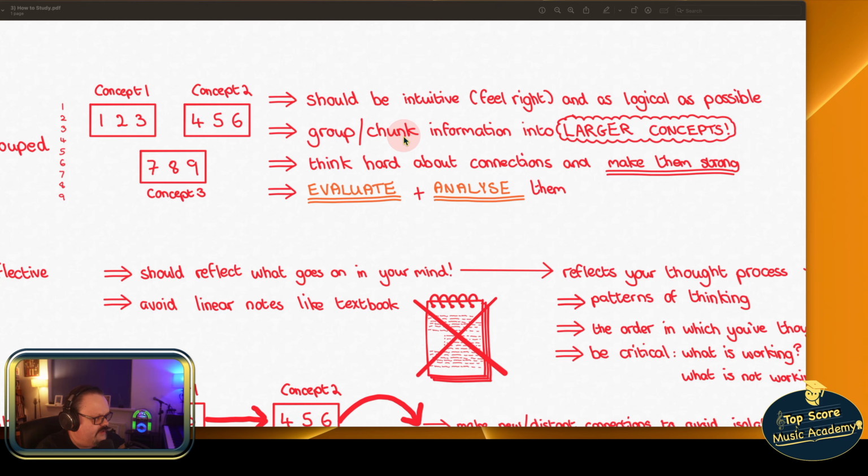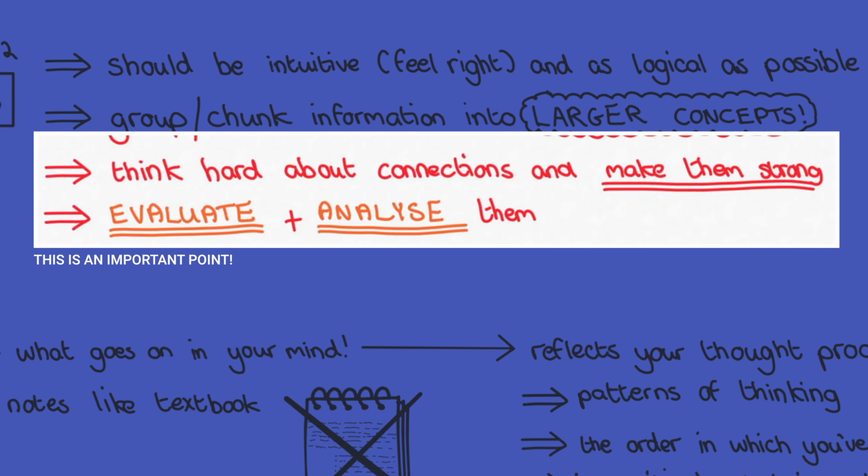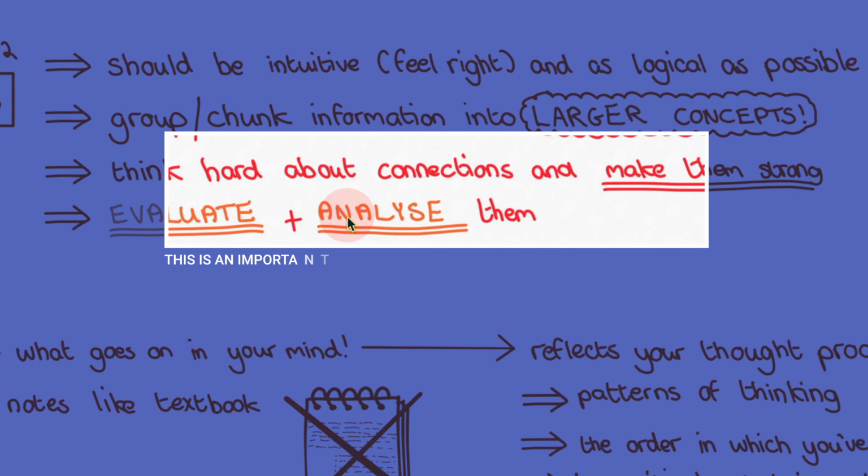Okay, so you're grouping or you're chunking information into larger concepts. Think hard about these connections, about what unites them, what makes them similar, and make these connections as strong as you can. Okay, it does take a bit of time to do this because you need to evaluate, define these pieces of information to begin with, and you need to then analyze them to find their similarities, their differences, their compare and contrast.